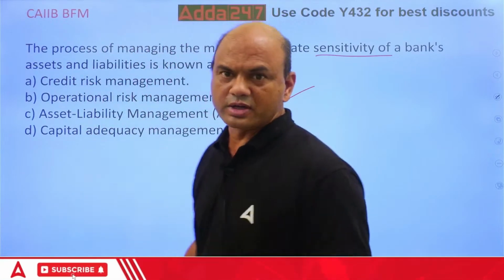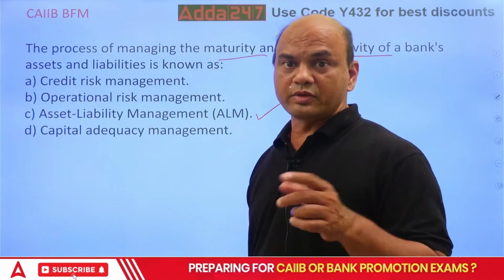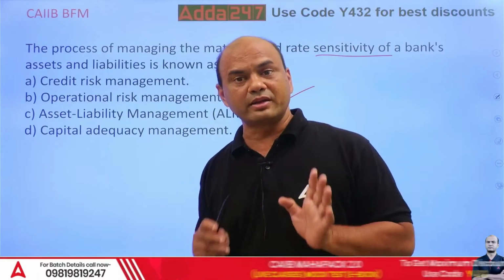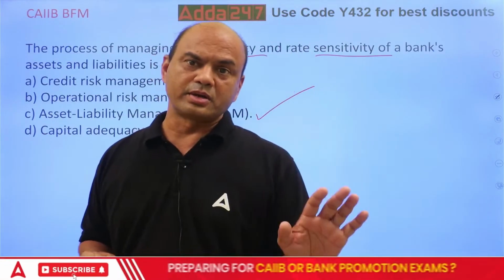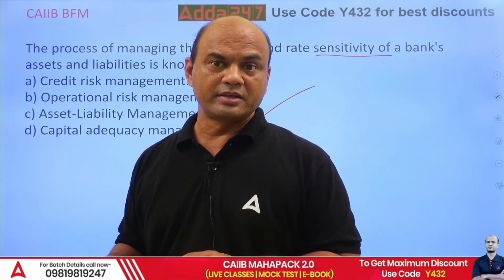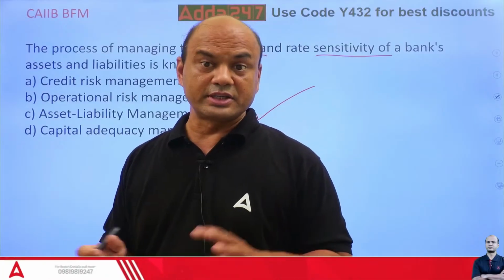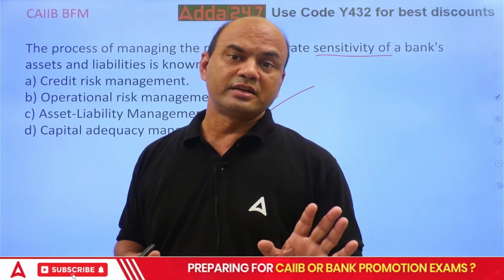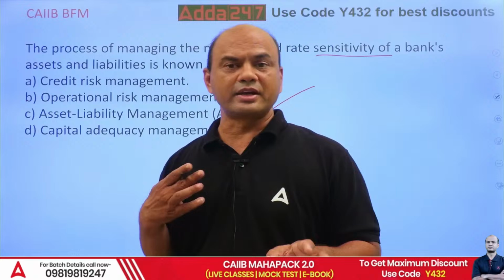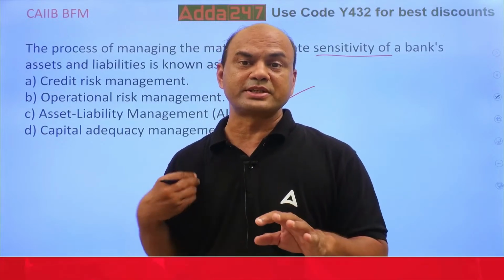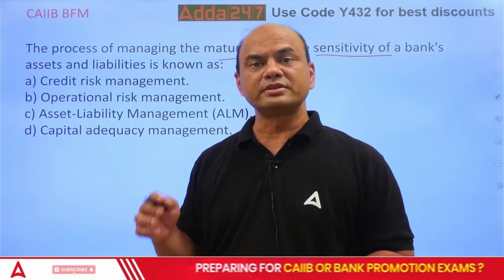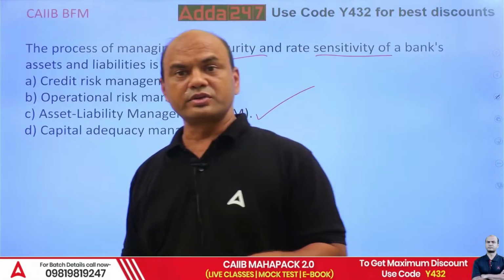One is maturity and second is your ROI, rate of interest, or yield. These are the only two things which matter in treasury. There should not be a mismatch in the maturity profile between assets and liabilities, means loans and deposits. They should match each other, at least to the percentage prescribed by RBI. Generally it should match 100%. Number two, interest rates, means your yields, should also match.